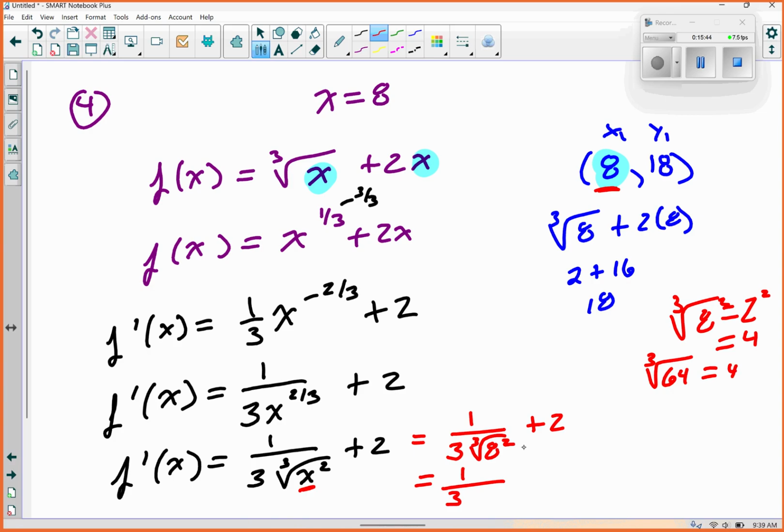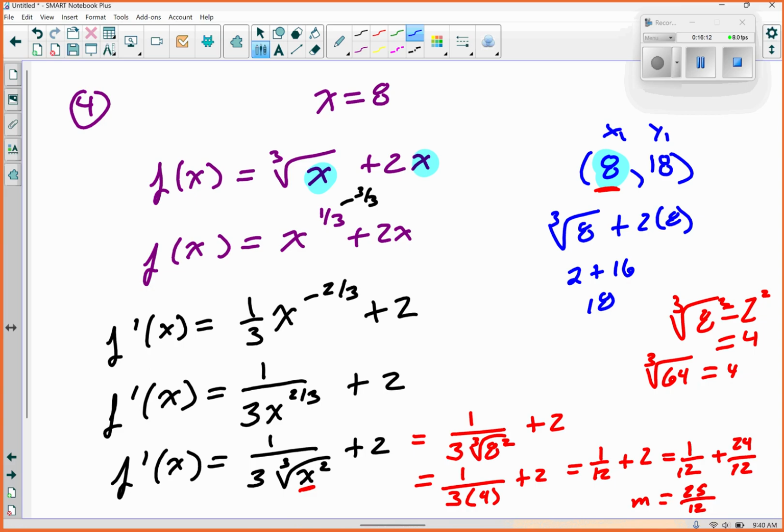So we find that we get 4 here. So I'm going to get 1/12 plus 2, which is 1/12 plus 24 over 12. So I get a slope of 25/12. So up 25, right 12.